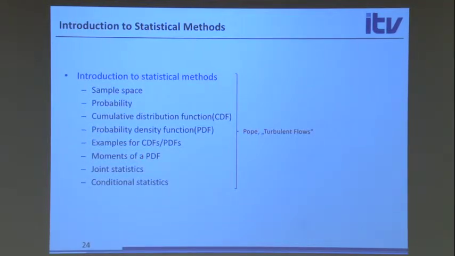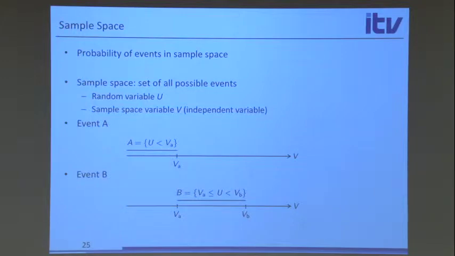So for example, we want to talk about PDFs, probability density function, and in order to define these, we need to introduce this cumulative distribution function, and for this we need to introduce these terms. So we just go step by step to introduce these different terms.